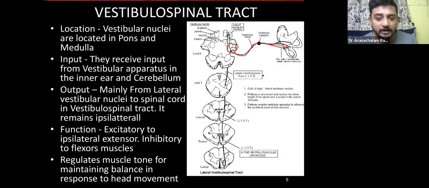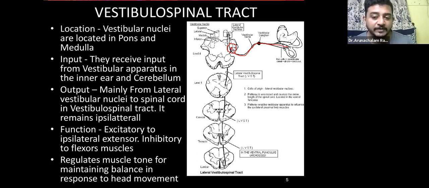Or even when I am walking, when I am doing sit to stand, all these activities, my head and my trunk move in relationship to the environment. Both these pieces of information are gathered by your ears, called the vestibular organ, and this information is sent to the nucleus of the vestibulospinal tract.